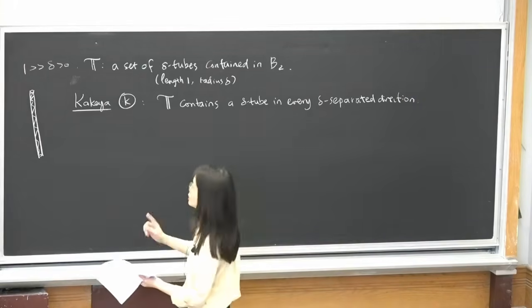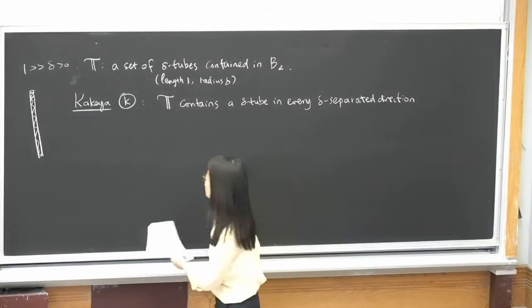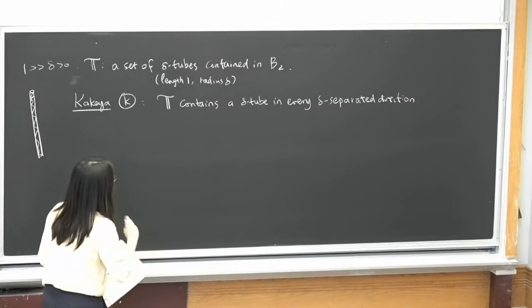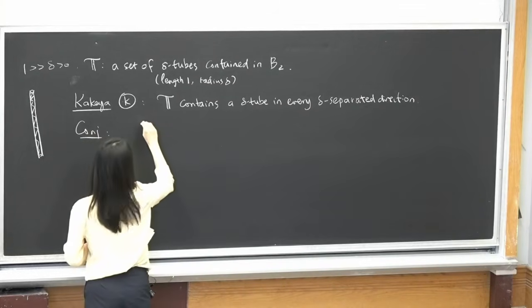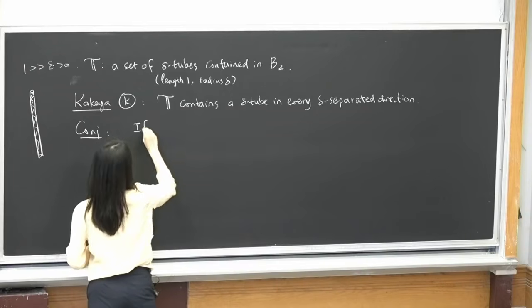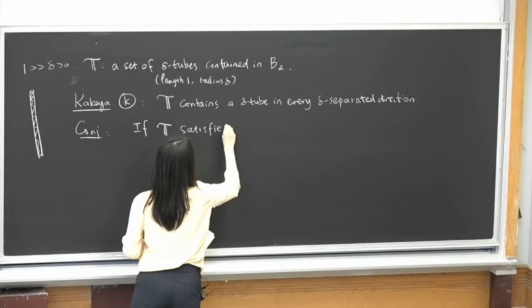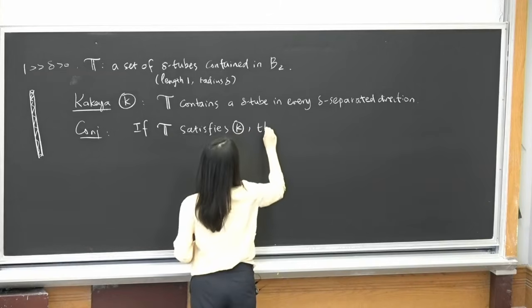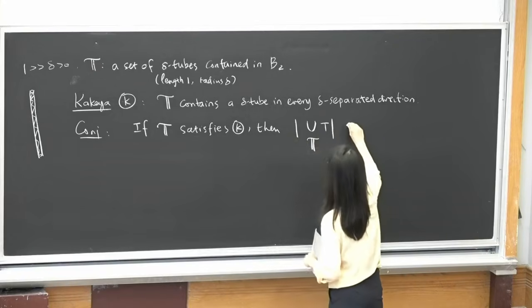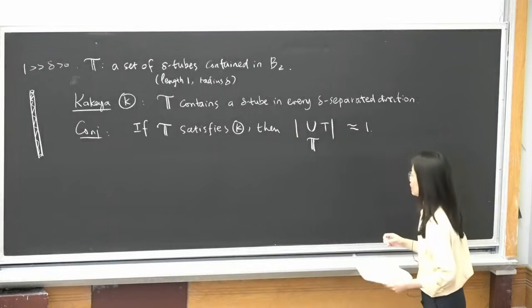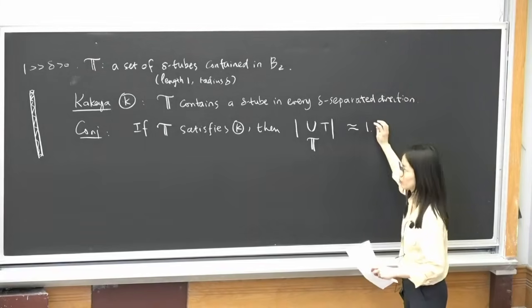It contains a unit line segment in every direction, and we just thicken this unit line by delta. Then the conjecture is the following. If T satisfies the Kakeya assumption, then the union of those tubes has volume approximately 1.